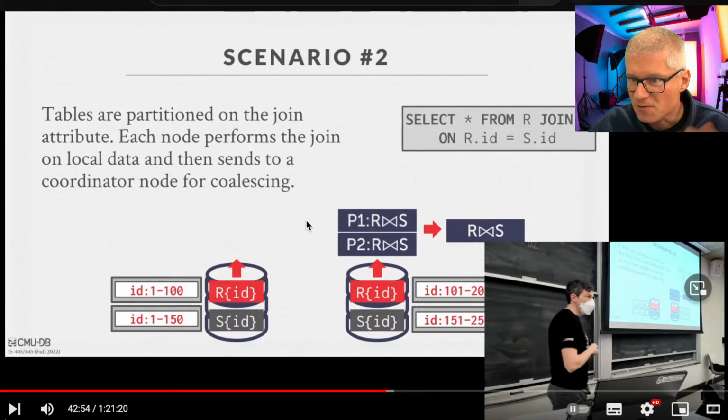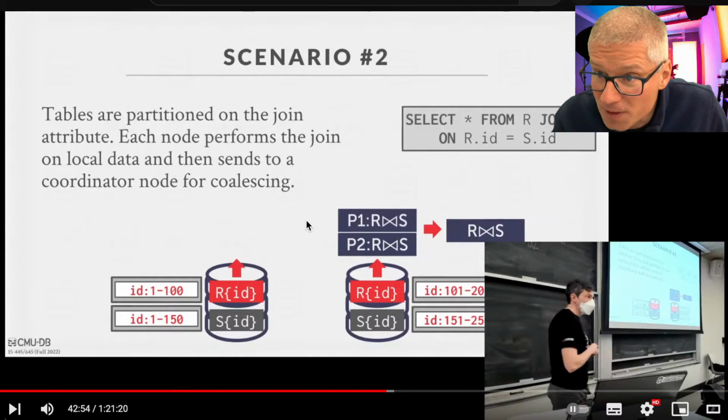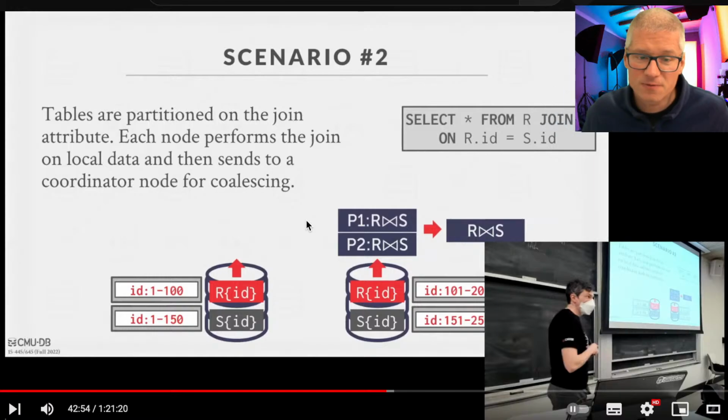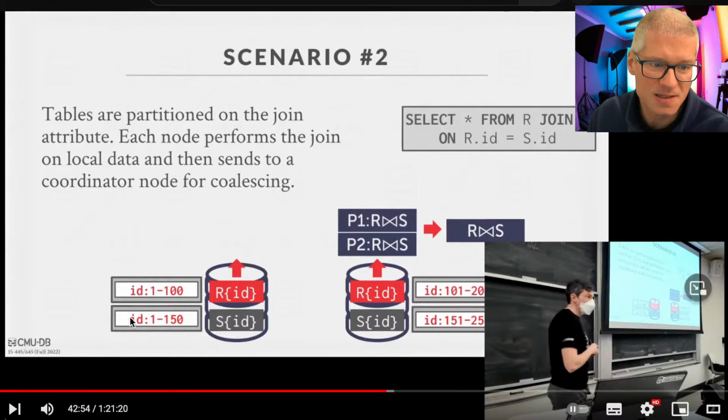So this works if you have complete co-partitions, as we had them in the lecture before. So, generalized co-group join. If you do a join between R and S, and from R you have all the IDs between 1 and 100, here you even have more IDs from S. It wouldn't be necessary. From 1 to 100 would be enough.